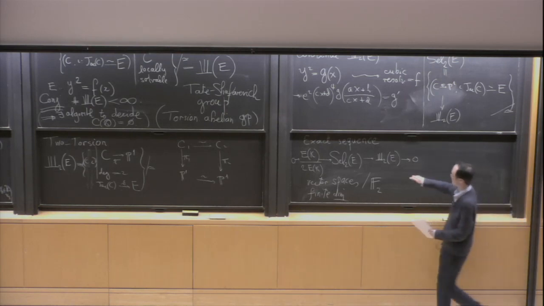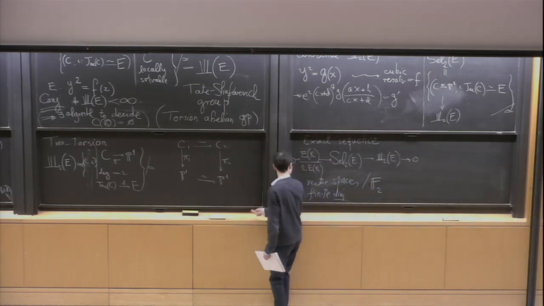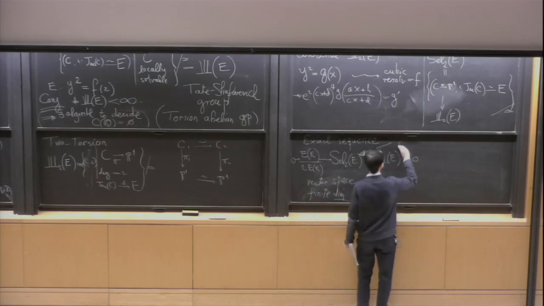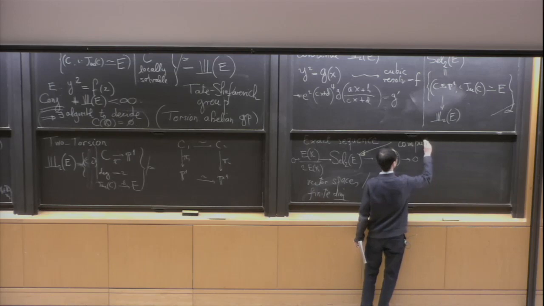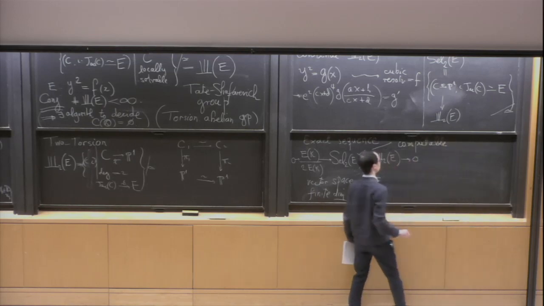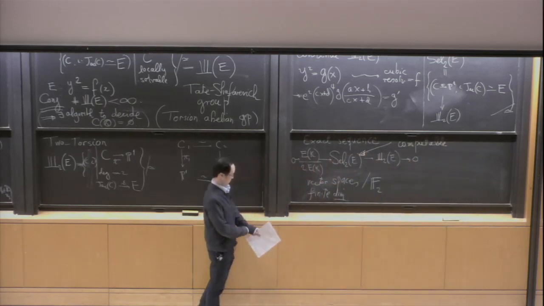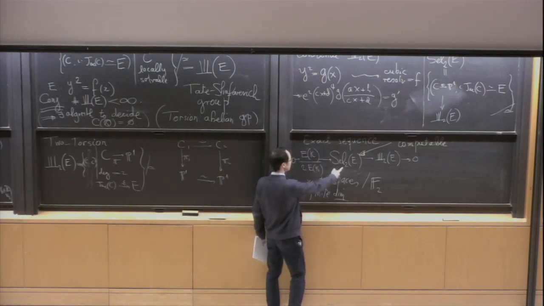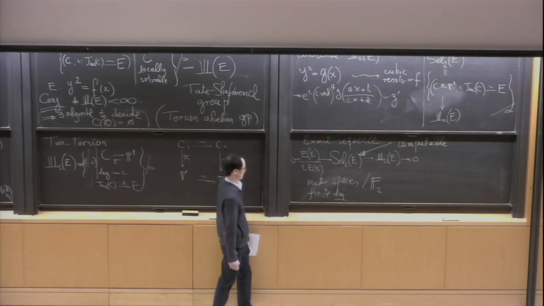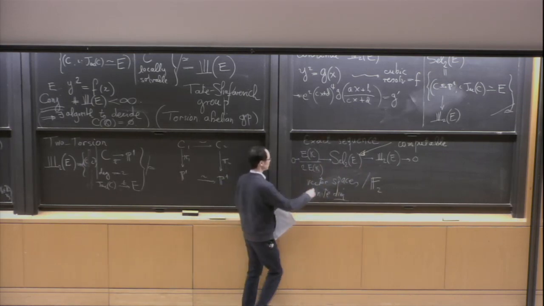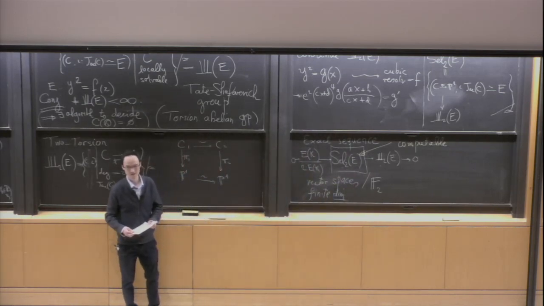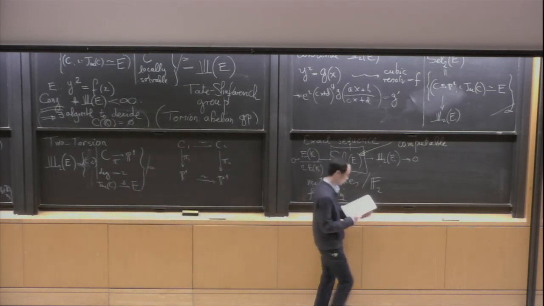So the term in the middle, the Selmer group, is computable, whereas the other two terms in this exact sequence are in some sense not computable, in the sense that given an element here, you cannot tell whether its image is 0 or not. This middle term is something much more elementary, and you can design an algorithm to compute it.